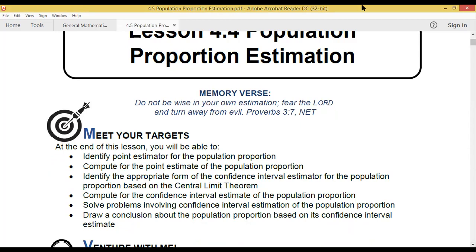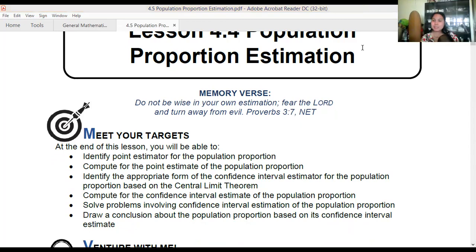How is this lesson different from lessons 3 and 4? In lessons 3 and 4, we talked about the average or the population mean, while in this lesson, we'll be talking about the population proportion.